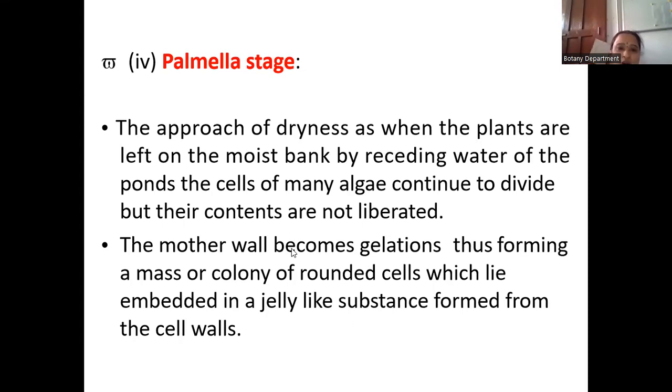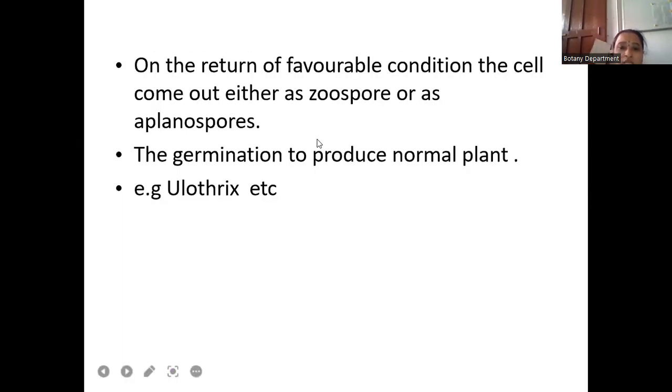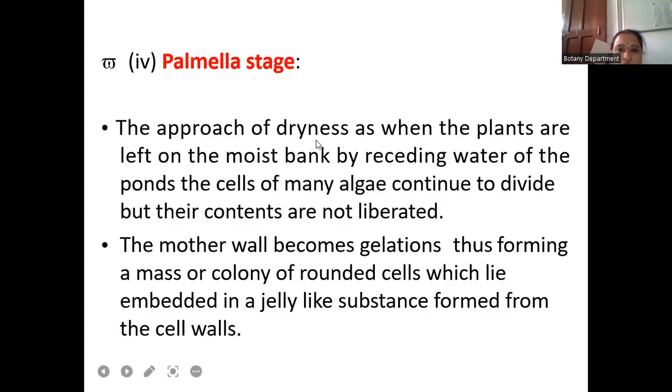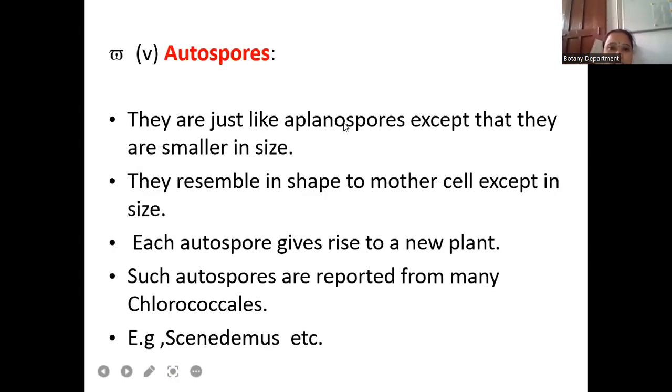That is the palmella. See this one, very large in size, green, with a very thick wall. On return of favorable conditions, the cells come out as zoospores or aplanospores and germinate to produce the normal plant. Example: Ulothrix.